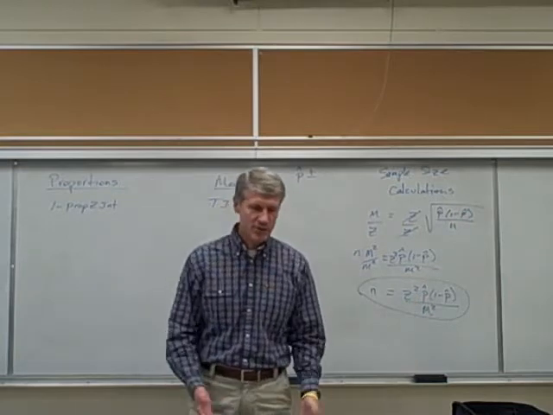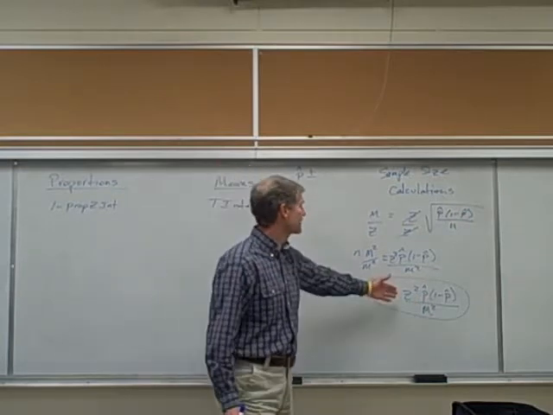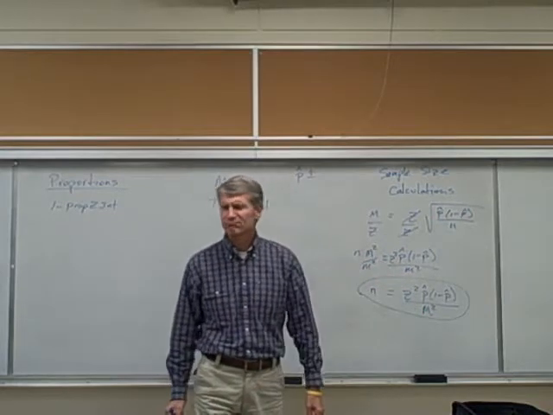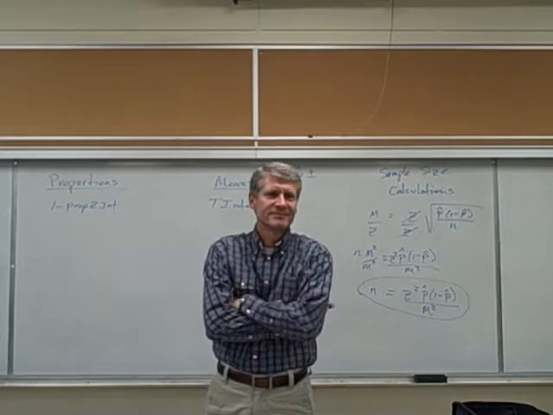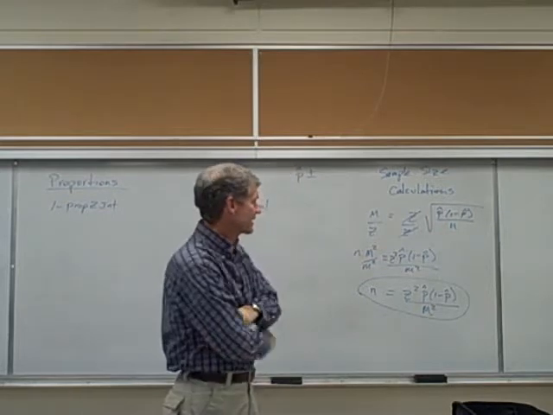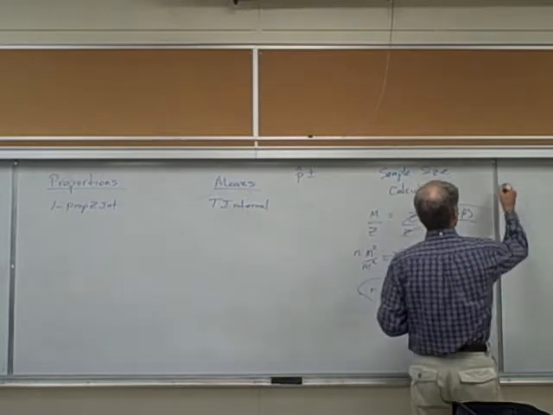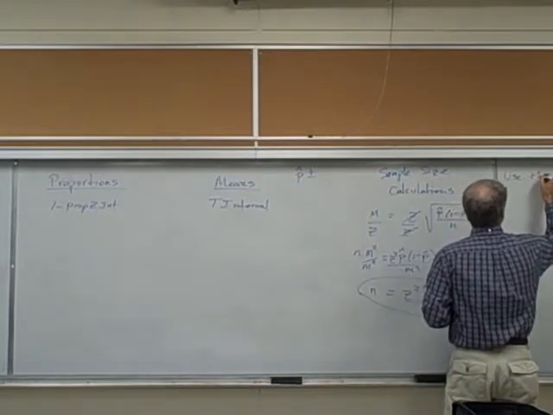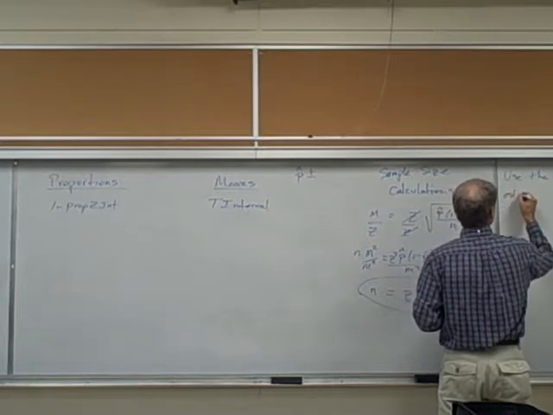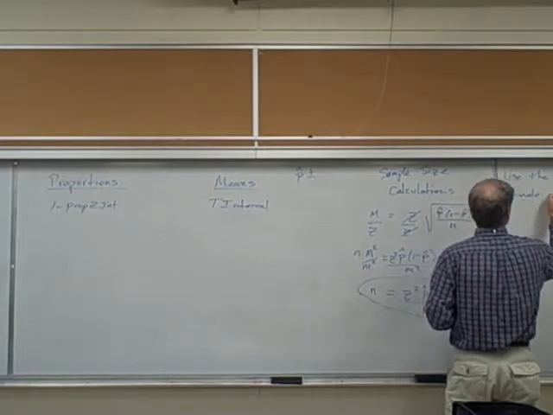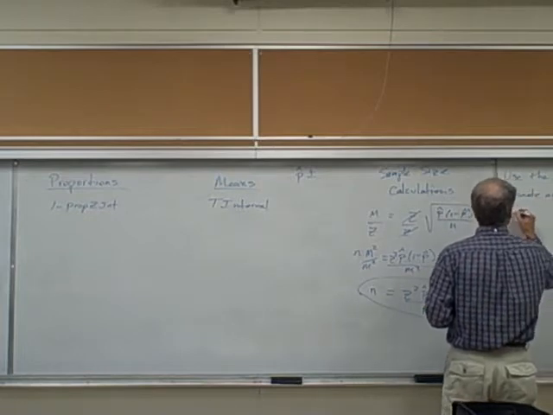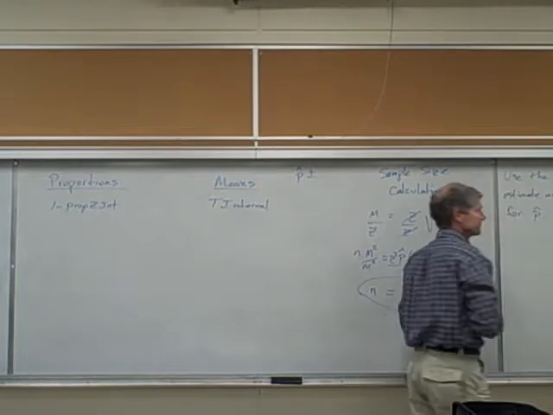So where do you get an estimate of p hat before you've ever conducted the study? That's a problem. So what they tell us is use the best estimate available for p hat.